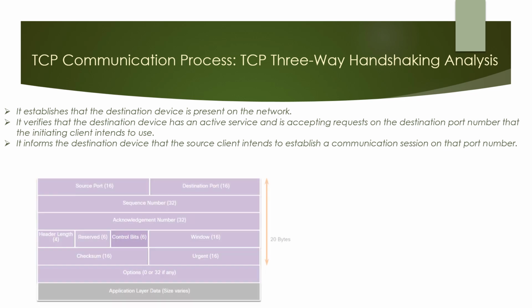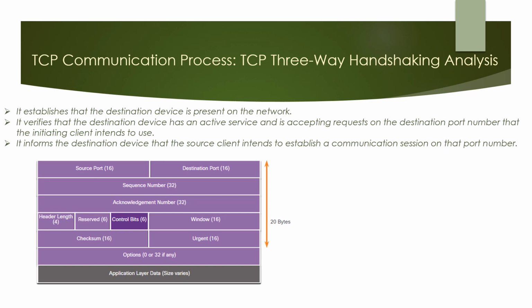As shown here in the figure, there are control bits in the TCP header that indicate the progress and status of the connection. After the communication is completed, the sessions are closed and the connection is terminated. The connection and session mechanism enable the TCP reliability function.